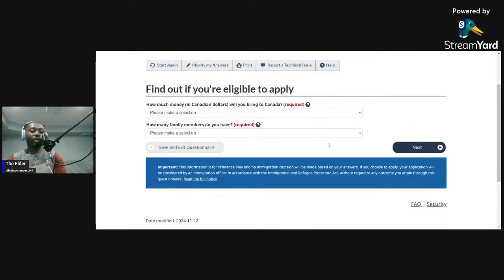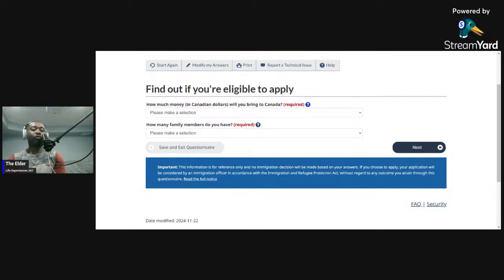how much money in Canadian dollars will you be bringing to Canada? So this is a required part of the documentation. It's just like if you are coming to school in Canada, you have a minimum amount of money you need to have before they allow you to come to school.